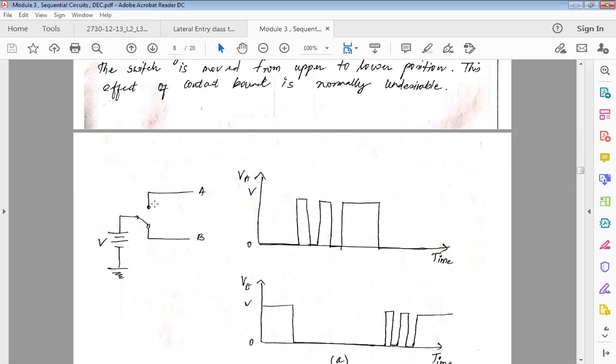So here, just like how this is connected here, the same thing will be connected here on top. Which means either the voltage can pass through B or it can pass through A. So there are two contacts there. That is what it's referring to.